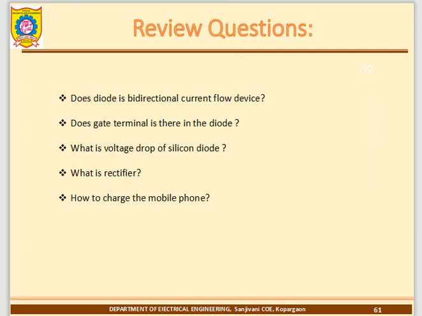How do you charge a mobile phone? With the help of a rectifier. What voltage does your mobile phone need? 3.5 volt. So you use a rectifier that converts AC 230 volt: you step down to 5 volt, or for another case to 10 volt AC.